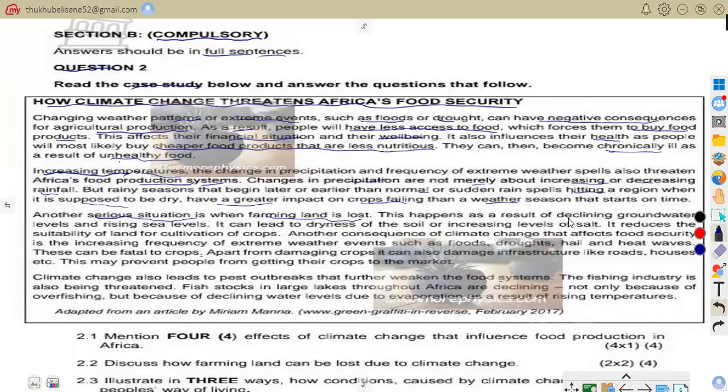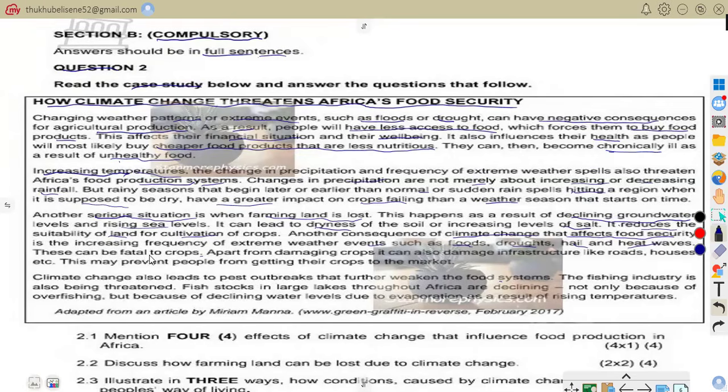This happens as a result of declining groundwater levels and rising sea levels. It can also lead to dryness of the soil or decreasing levels of salt, so it reduces the suitability of land for cultivation of crops. Another consequence of climate change that affects food security is the increasing frequency of extreme weather events such as floods, droughts, hail, and heat waves.